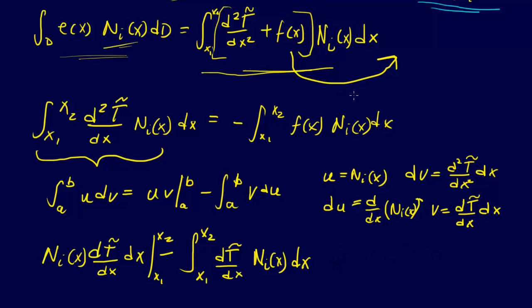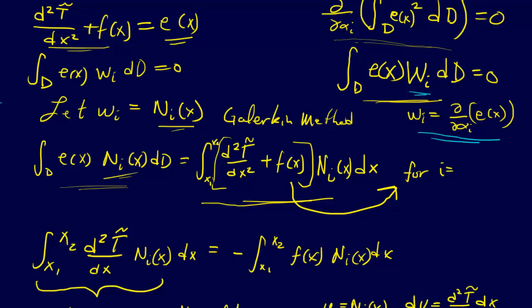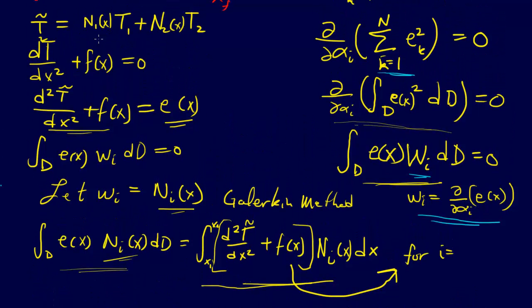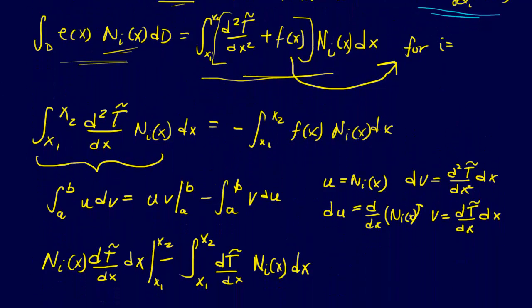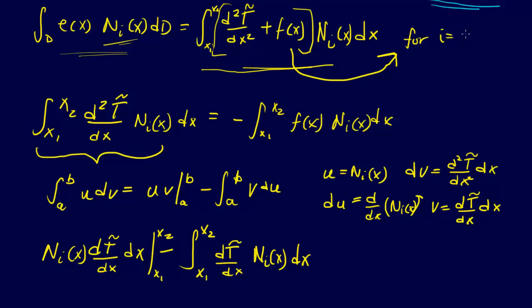And we have to remember here, I probably should have written this out, this is for all the way along here, for i equals, in this case, we just had 2. Remember, we defined our t squiggly with N1 and N2. So when we're working with it down here, it's just for i equals 1, 2.